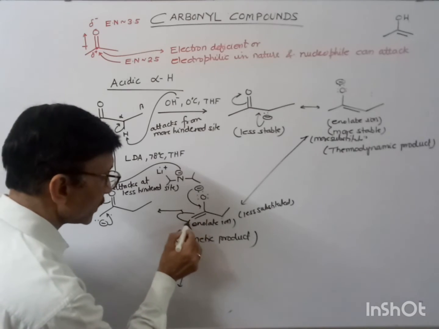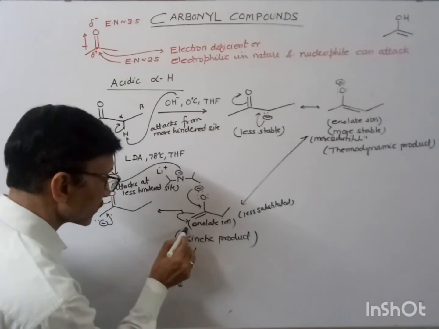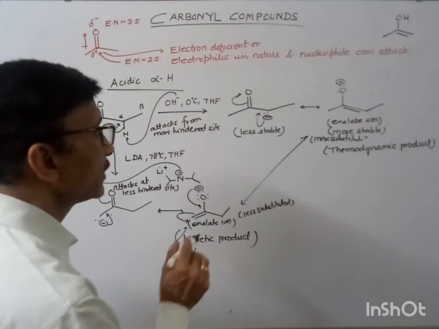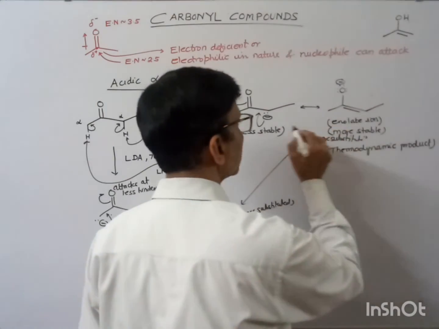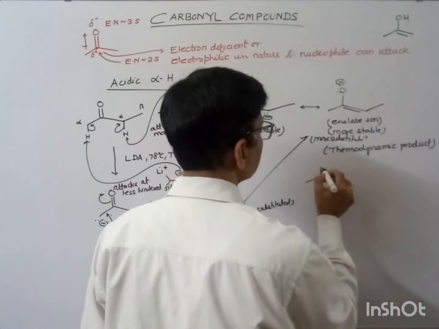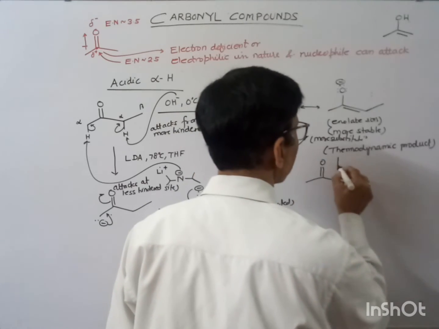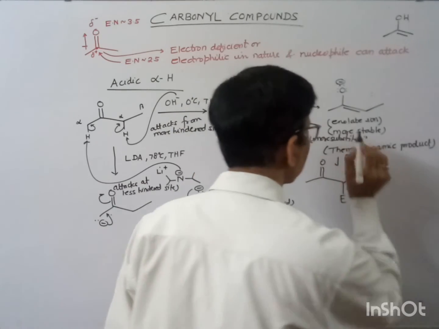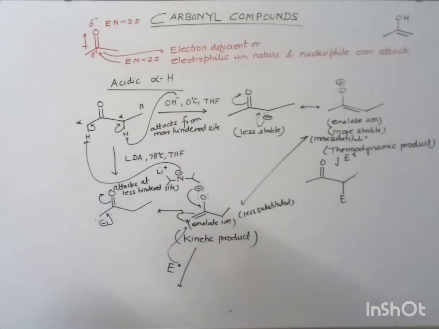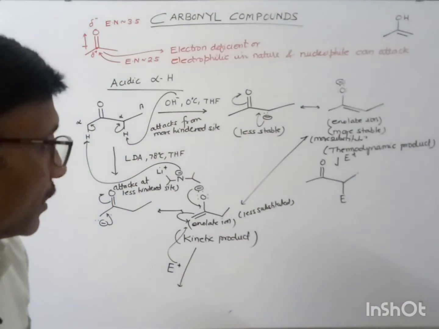So here the electrophile will get attached. In the same way, the product that you will get after this electrophilic attack will have the electrophile at this position. Okay. So this is about the alpha hydrogen atom.